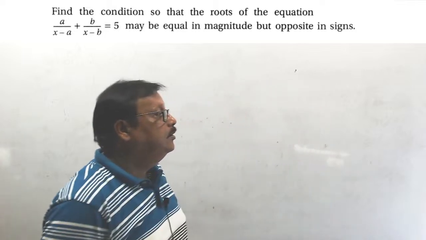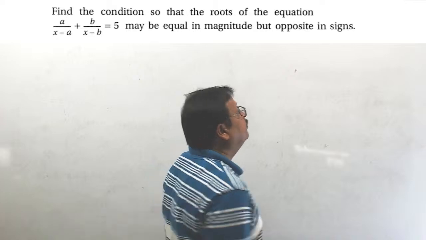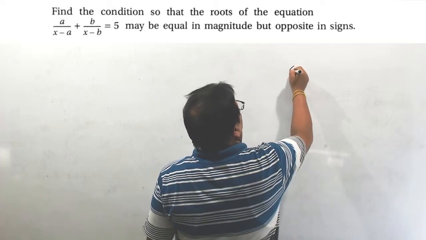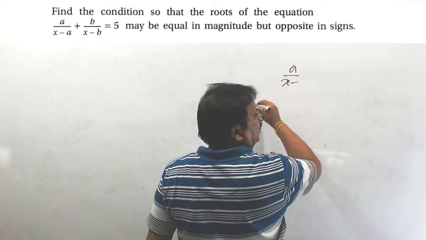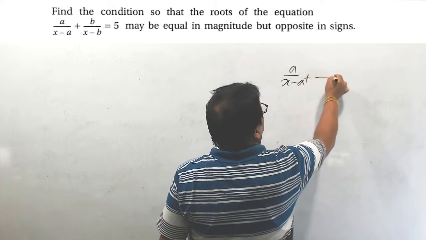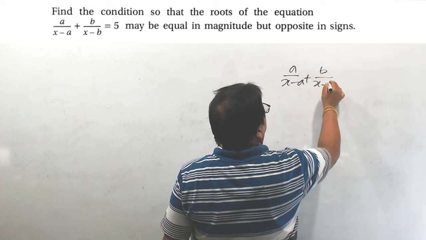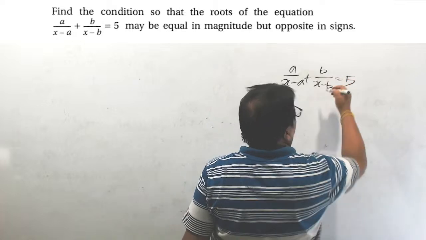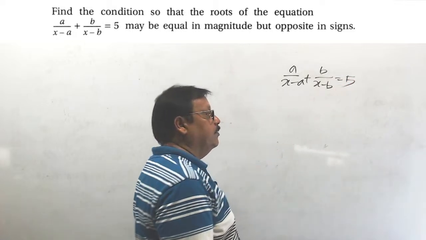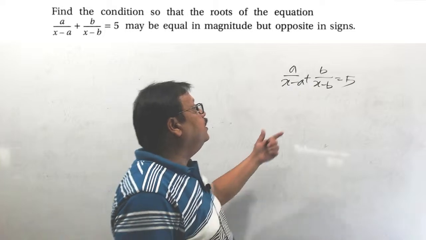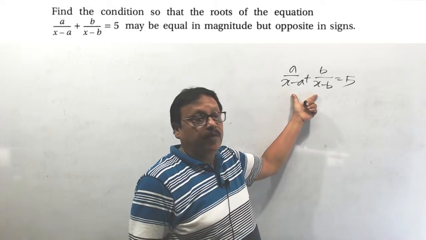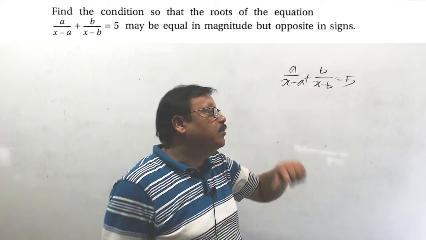First you have to simplify the equation: a by x minus a plus b by x minus b equals to 5. First you have to simplify this one. It is not in the standard quadratic form.